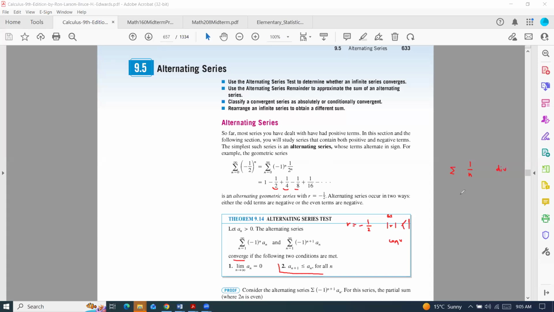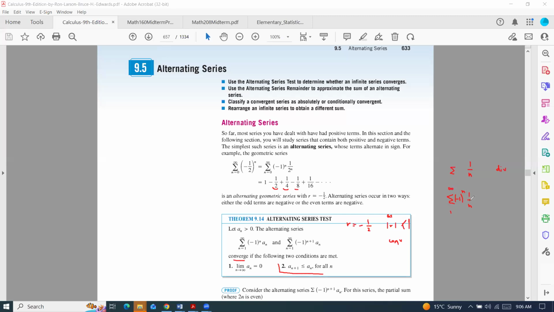But if you're going to turn it into an alternating series, how? Well, I can put -1 to the power of n and multiply by my harmonic series, and I'm going to start at 1, not at 0, because at 0 we're going to have 1/0.